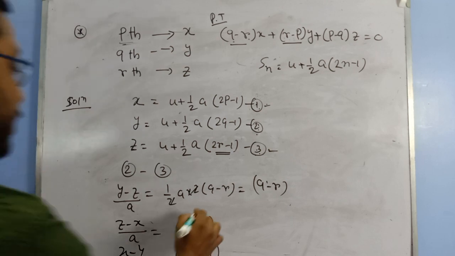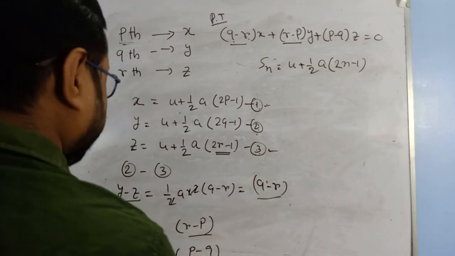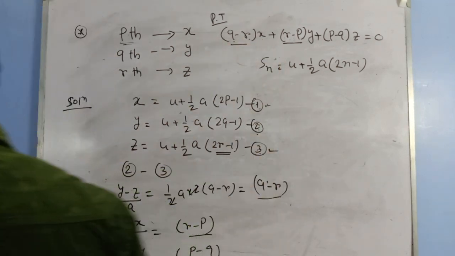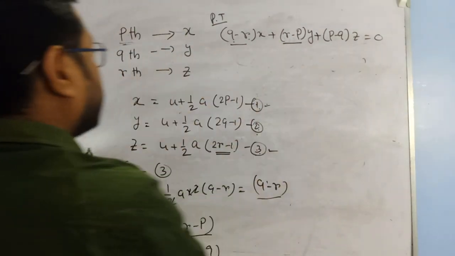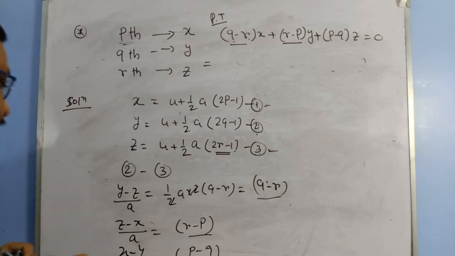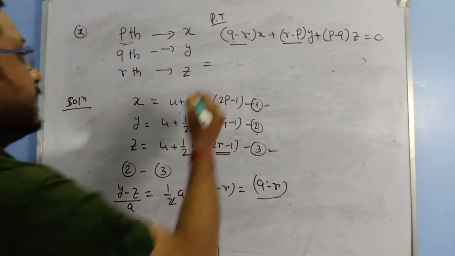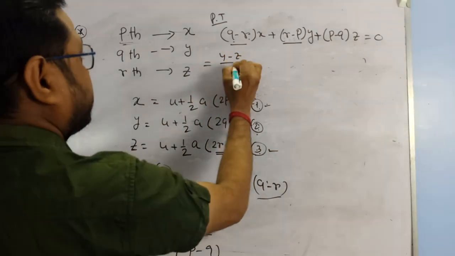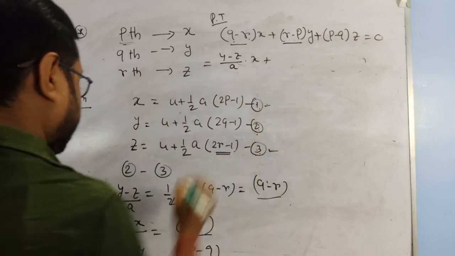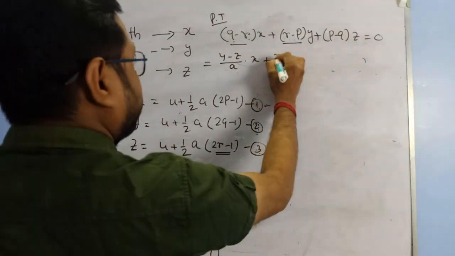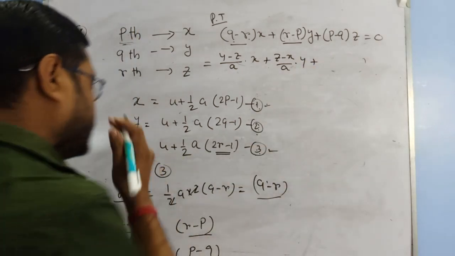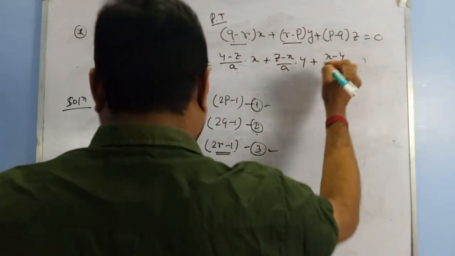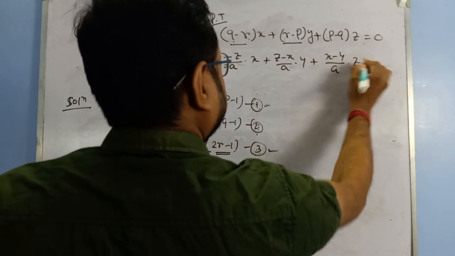Now just put the values of q minus r, r minus p and p minus q in the above equation. So what can we get? Q minus r into x. What is the value of q minus r? Y minus z by a into x plus r minus p, z minus x by a multiplied by y plus p minus q, x minus y by a into z.